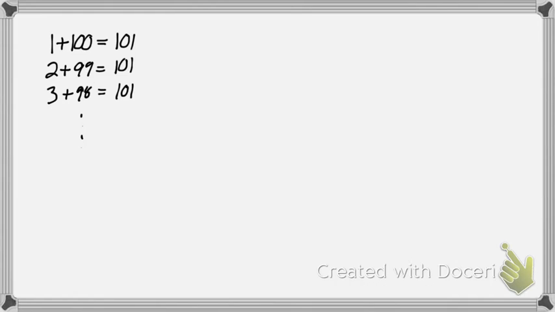And he said to himself, well, they're all 101 pairs, and because I have 100 terms, I'm going to have 50 pairs. So he just said, well, I'll just take 101 and multiply by 50 to get 5,050, and that is the sum of all the integers from 1 through 100.